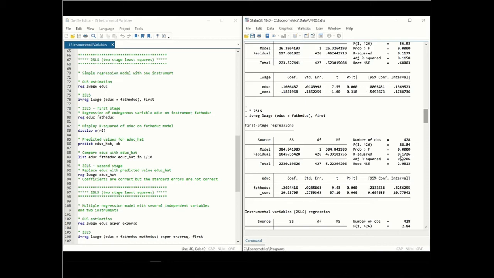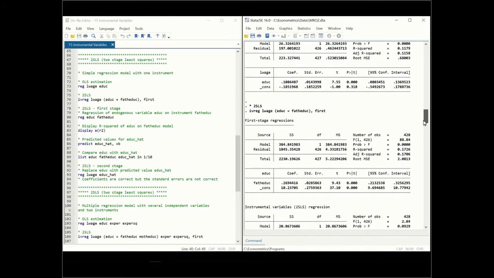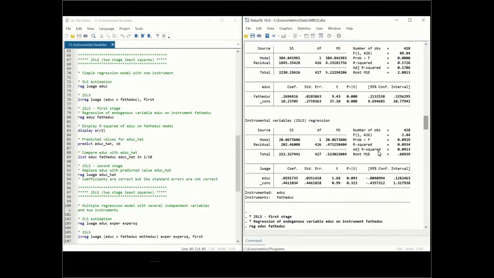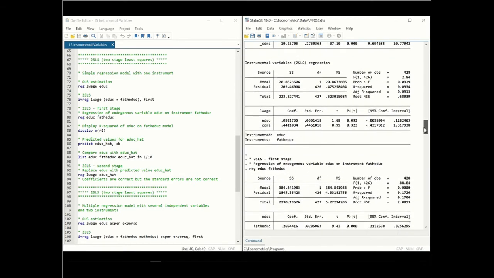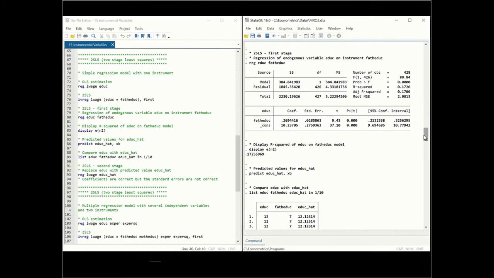And because we have an r squared of less than 1, that's what actually inflates the variance or the standard error of these coefficients, and we find that they're actually less significant. Okay, so this is how we calculate the two-stage least squares. Now, the easiest way is just to run this line here, and that would basically be estimating the two-stage least squares.